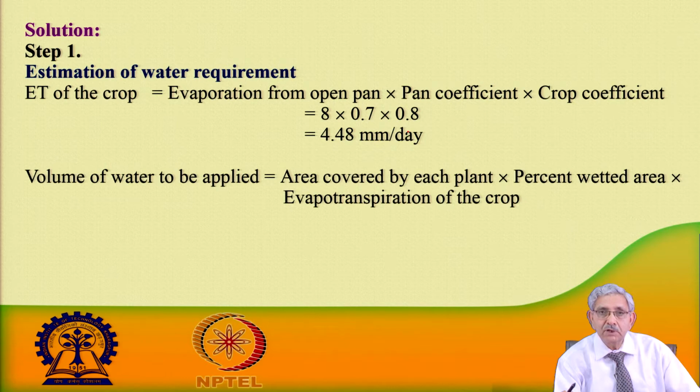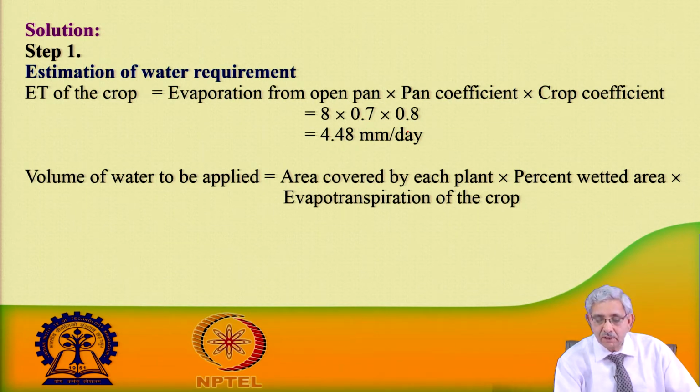This ETc in millimeter per day can be converted to liter per day if we multiply with the area of each individual plant, but in a drip irrigation system we are not wetting the entire area.